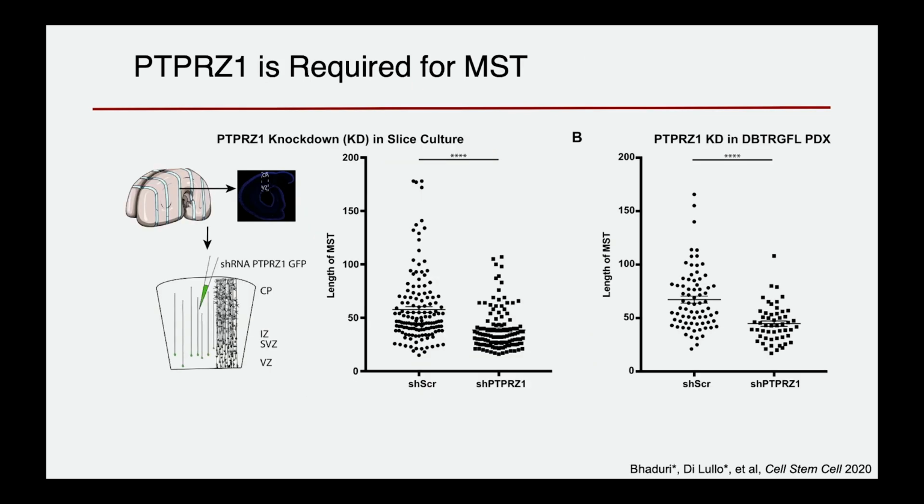And so to do this, we knocked down PTPRZ1 both in the developing human brain in slice culture and then also in a PDX patient-derived xenograft model that we were able to obtain that had preservation of the MST behavior. And in both cases, knocking down PTPRZ1 significantly decreased the distance that this jump and divide happened, suggesting that these may be linked processes.